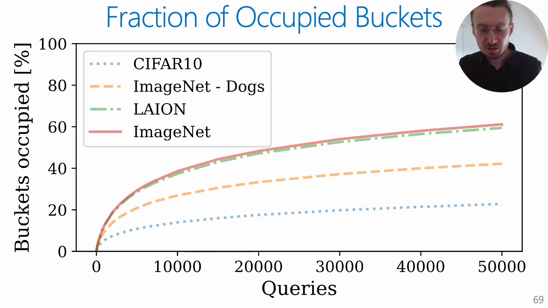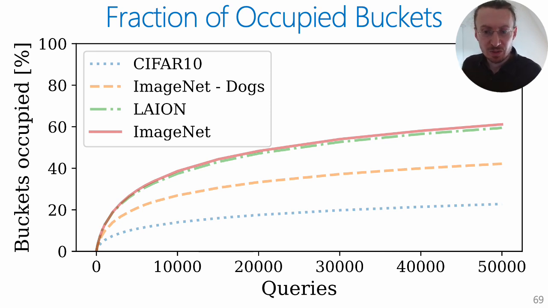Finally, even if our dataset is different than the dataset used to train the encoder, in this case we use the complex Lion dataset, the effect is the same as for ImageNet. So due to the complexity of the queries from Lion, we occupy more buckets and potentially have a higher performance of the stolen encoder when using the Lion dataset.